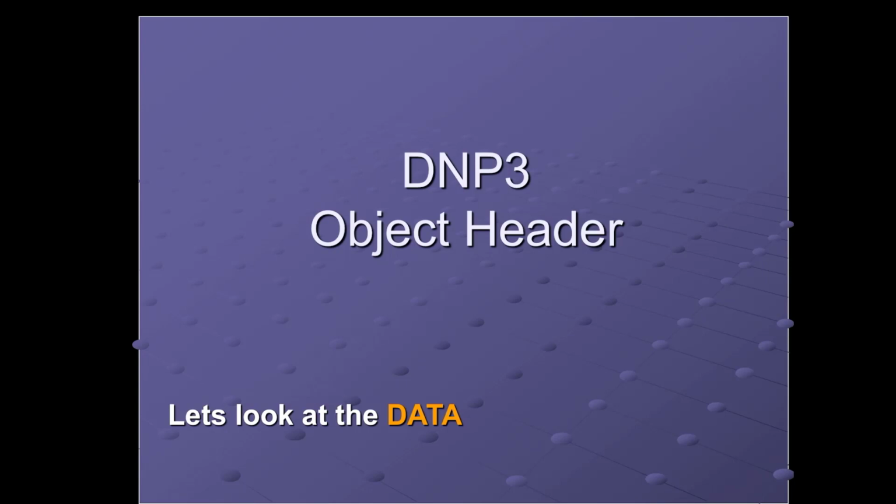So remember, even though there's class data requests, that is to say a class 0 for all real-time data, a server is not going to respond with a class 0. It's going to respond with the specific object group numbers and variations in its real-time database and give all of it for a class 0 request.